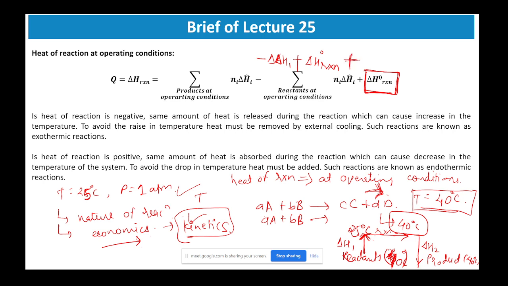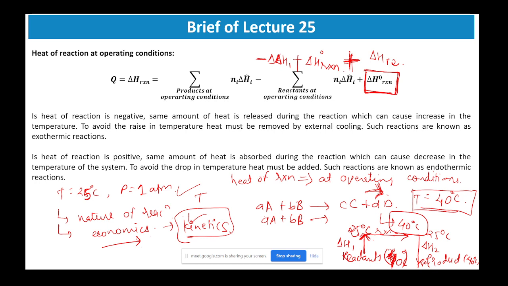Now a certain amount of heat will be generated if you take the 25 degrees Celsius products to 40 degrees Celsius, so that much heat should be added. So delta H2. Since the products are generated, we add the heat, and since reactants are consumed, we subtract. Now this is for 1 mole.